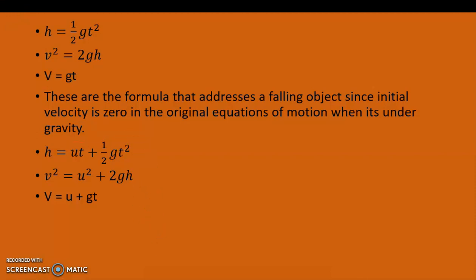Now, when this U is 0, then obviously the formula becomes like the one above. And when U squared is 0, then it becomes like the one above also. So all the formulas above were derived from these three original equations of motion.